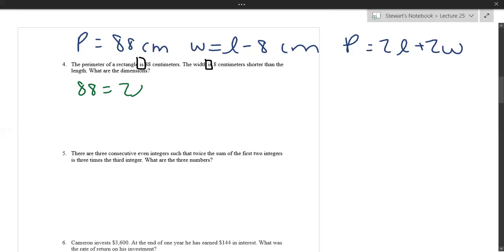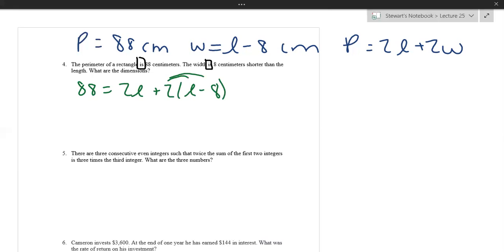We don't know the length, but we do know the width is the length minus 8. So that kind of helps us out, in the sense that now we don't have 2 unknowns, we just have 1 variable to work with, so we can actually solve this equation for the length.